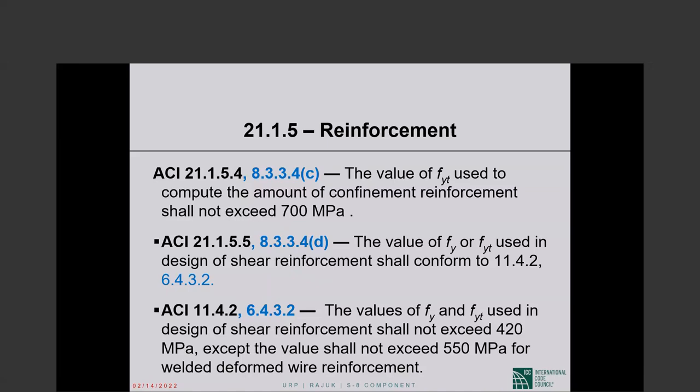But when you utilize the same reinforcement in its shear resisting role, the highest f sub yt you can use in computations is 60 ksi. Beyond that, we do not allow, in order to avoid wide shear cracking.